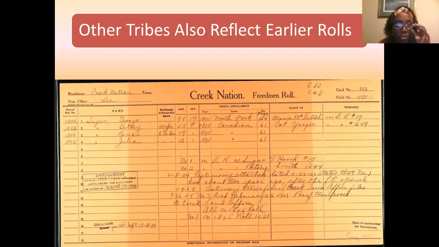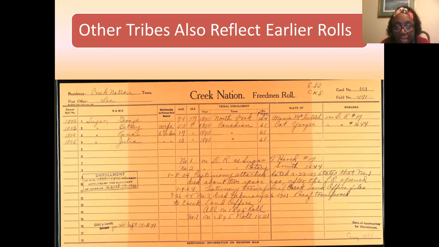Also, you find that other tribes besides Choctaw or Chickasaw nations also reflected earlier town rolls. Here's a case of George Sugar. Some people know as Sugar George.